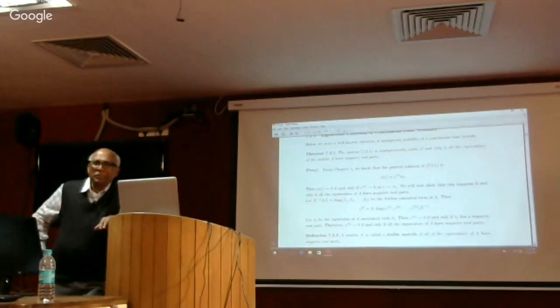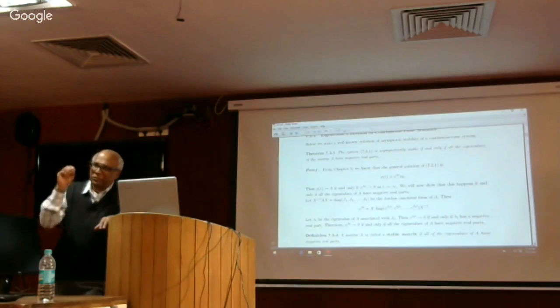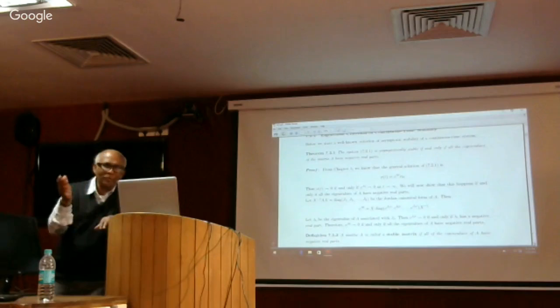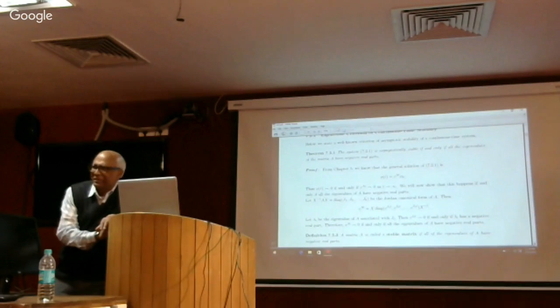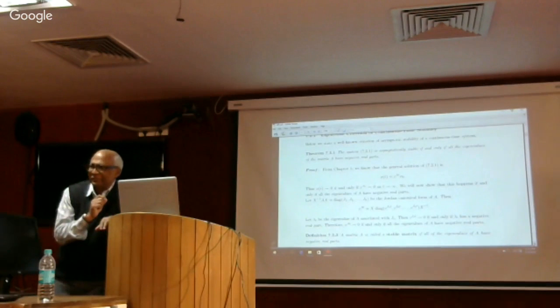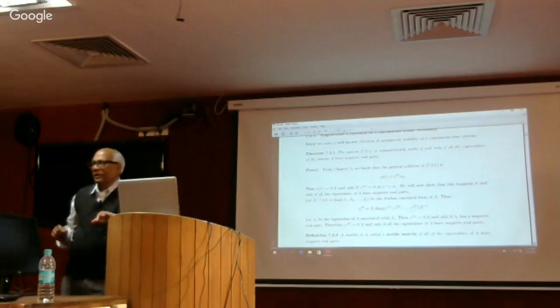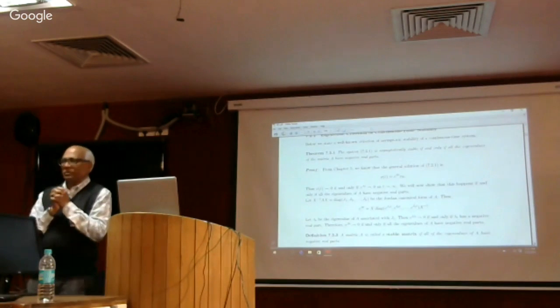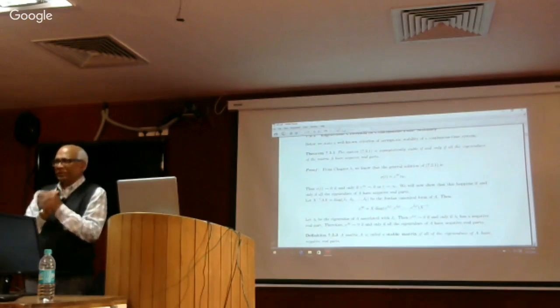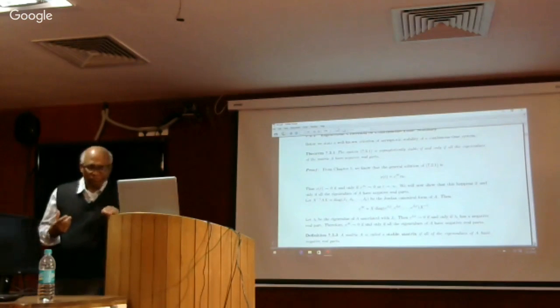There are hundreds and hundreds of papers written on the stability criteria of the system based on the characteristic polynomial. Like you have all read about the Routh-Hurwitz criteria, the Routh criteria of stability, all those classical criteria. But the main point they missed is how to compute the characteristic polynomial in the first place.